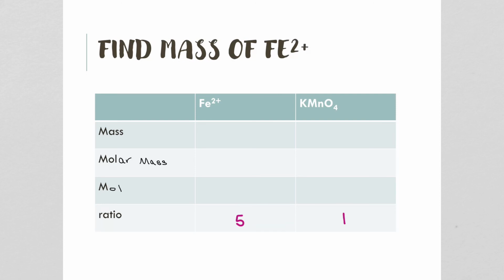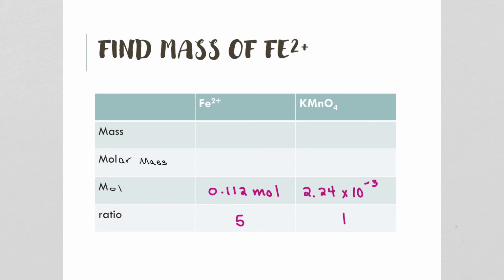So we now need to put in our number of moles. So we had 2.24 times 10 to the negative 3 moles. We need to divide by 1, multiply by 5, so we actually have 0.112 moles of iron 2+.